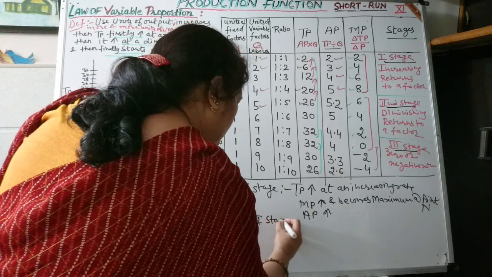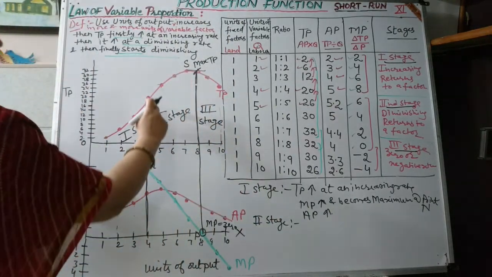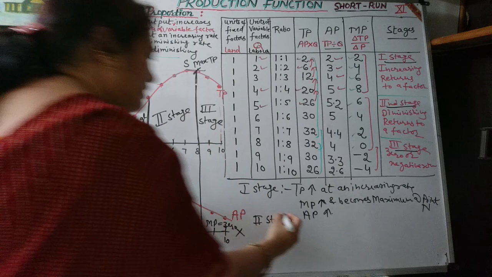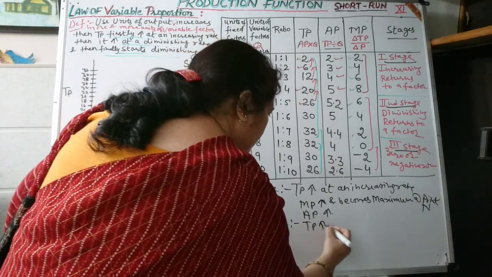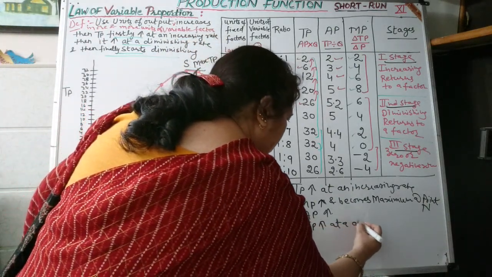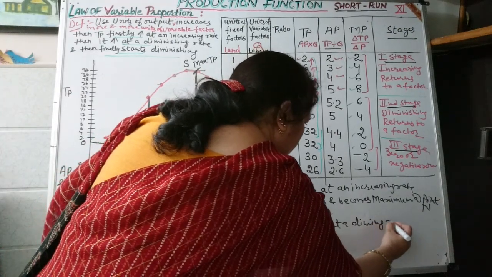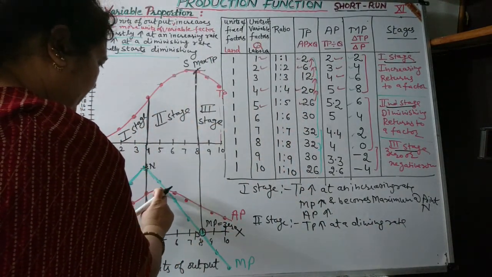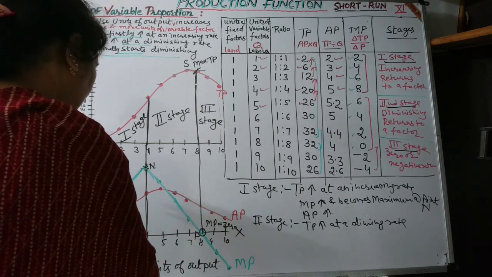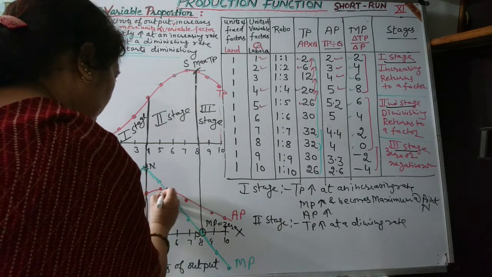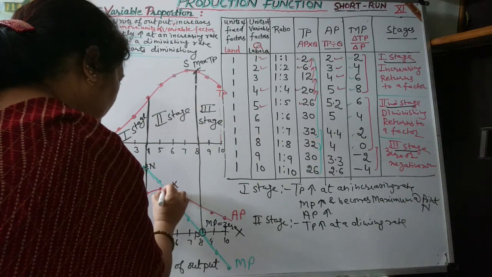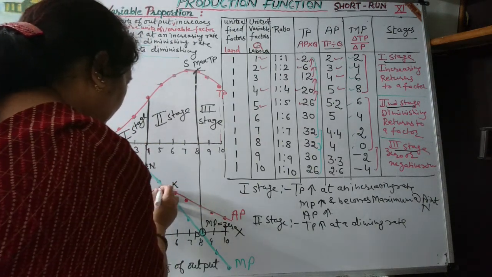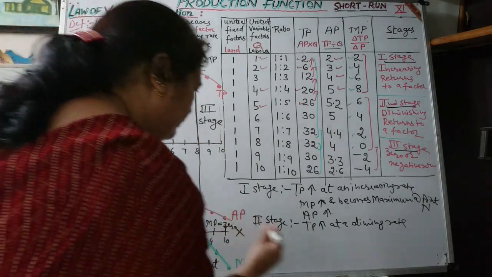What does the second stage represent? The second stage represents TP increases at a diminishing rate. And what is the situation of AP? AP increases and becomes highest at point K, and here it intersects MP.